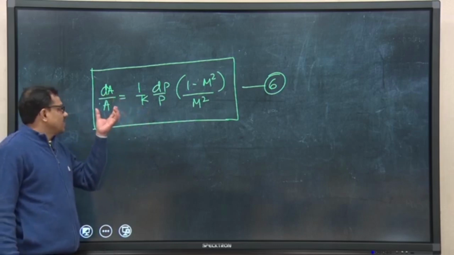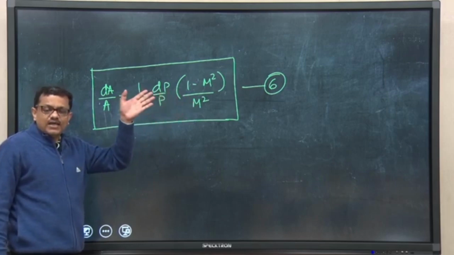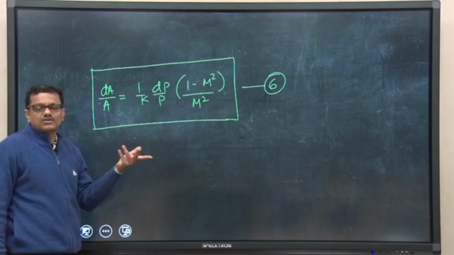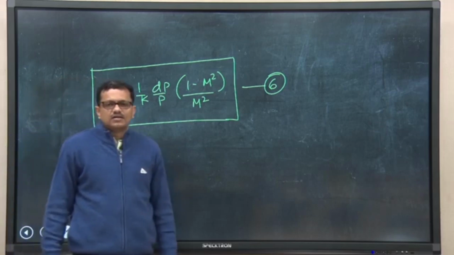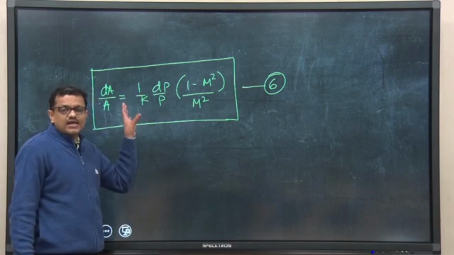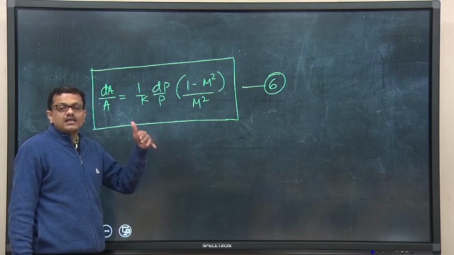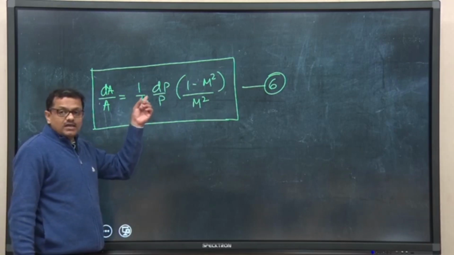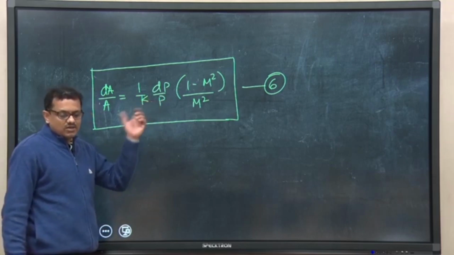So, if we know M, then we also know the velocity of fluid at any particular section as compared to the local sonic velocity at that section, given the pressure and temperature are the same. Using this relation we can find out the area at the exit of the nozzle to obtain the required velocity, knowing the drop in pressure and the index of expansion of the isentropic process.